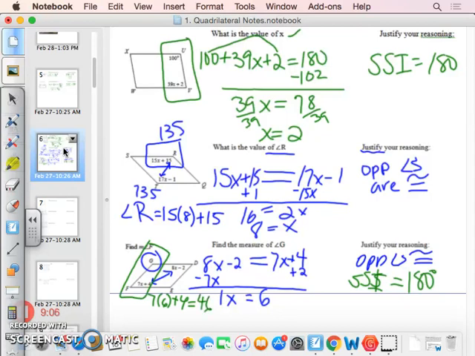And now I'm just going to take that and subtract it from 180. Because I know that these two together are going to be 180. And I end up with 134. So I can say that the measure of angle G equals 134 degrees. That's about as complicated as we're going to get at this point.